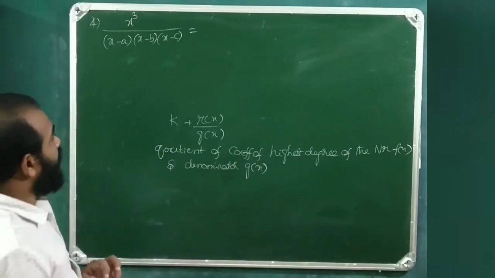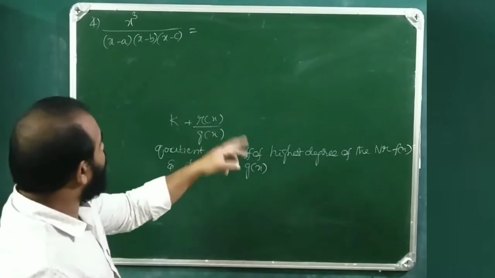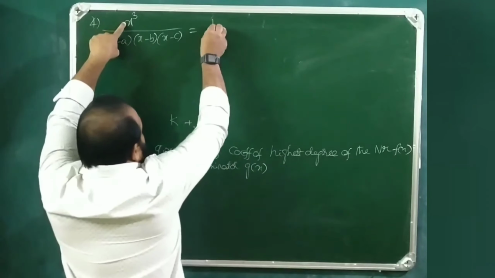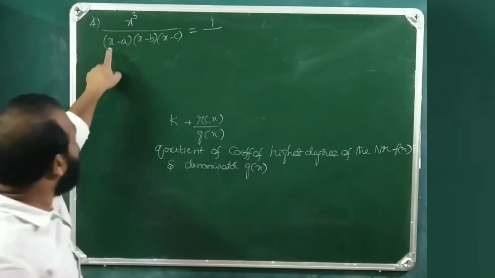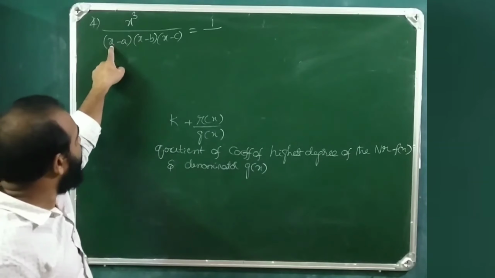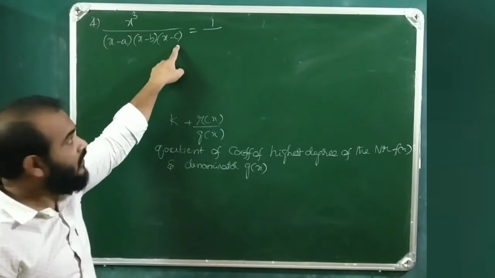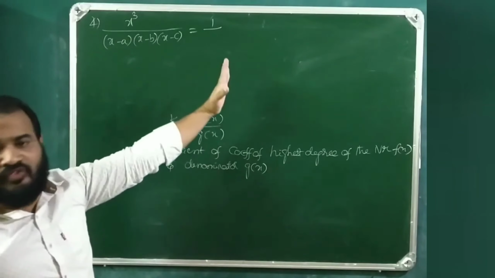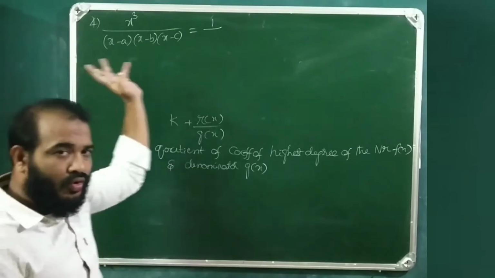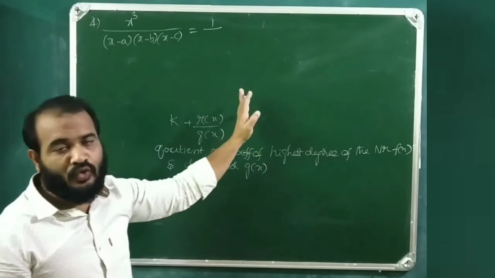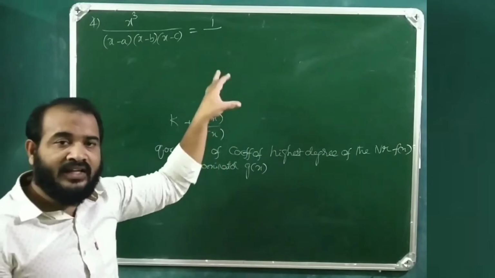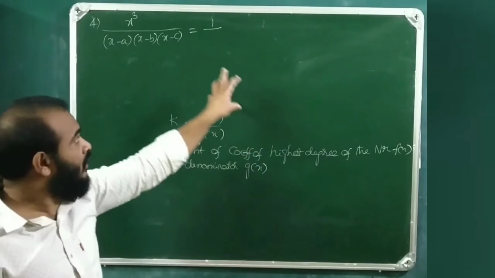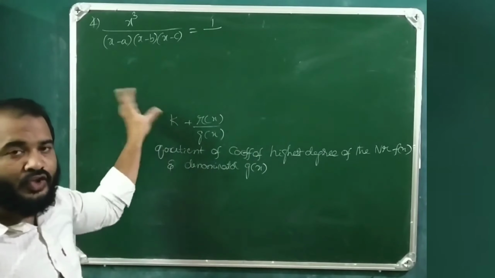So here, what is the quotient of the highest degree? This is x cube. X cube quotient is 1 by here (x minus a) into (x minus b) into (x minus c). So x cube and remaining terms we will be getting. Amongst all the terms, x cube is the highest degree, so its quotient is 1.